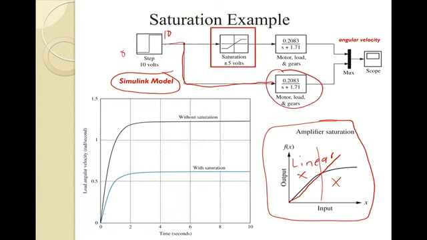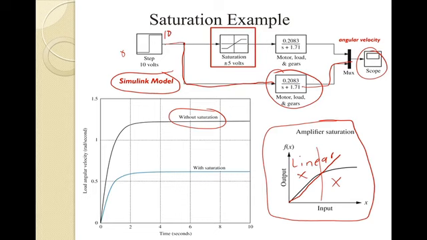We have a very simple first-order transfer function representing our motor, load, gears, etc., and we're going to look at that on a scope. What you'll see is without saturation, based on our characteristics here, we can go in and look at the response.